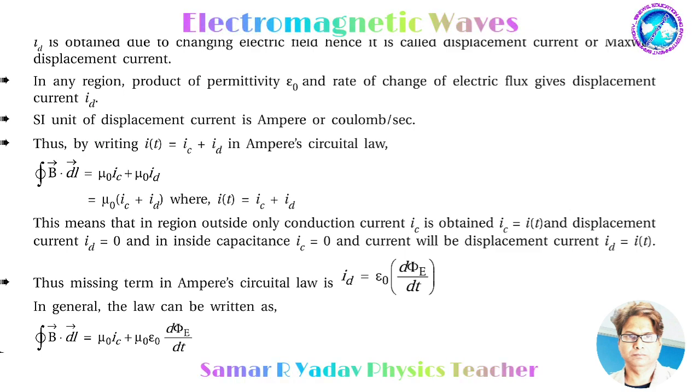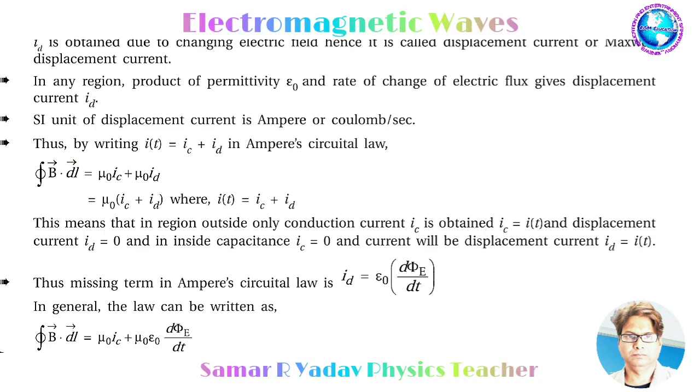This means that in the region outside, only conduction current IC is obtained, IC is equal to I(t) and displacement current ID will be 0, and inside the capacitor IC is equal to 0 and the current will be displacement current ID, equal to I(t).